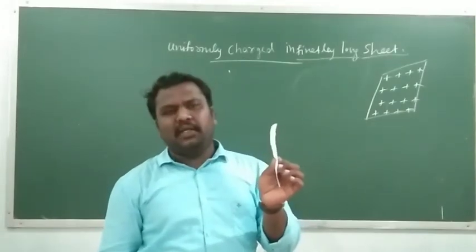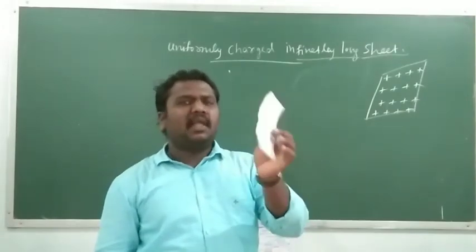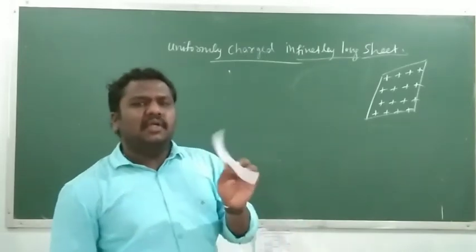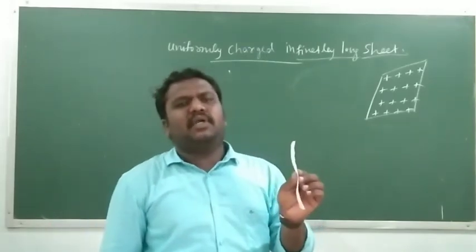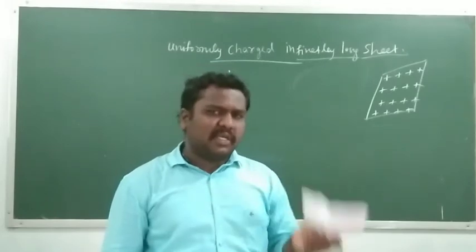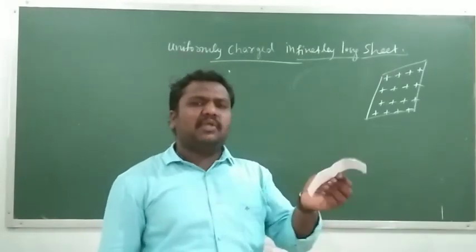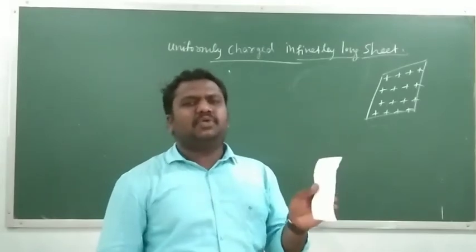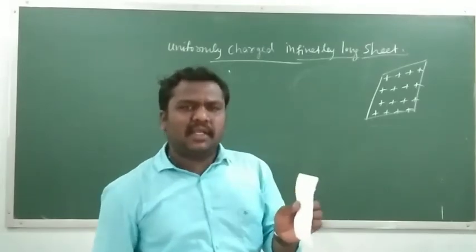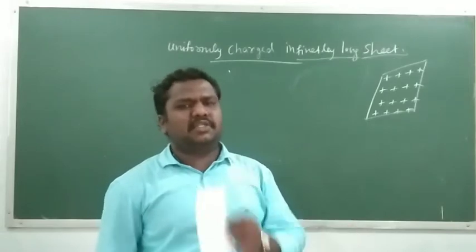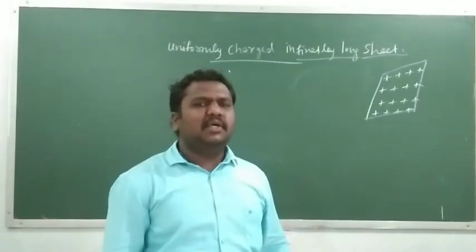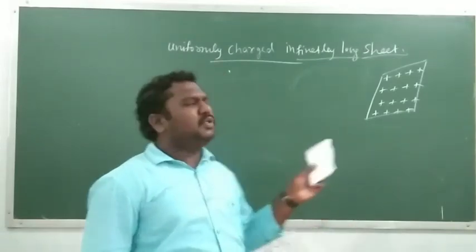Now we have to find the electric field because of the distribution of the charges over its surface. We follow the same steps. First we think of the distribution of the charge. Here we have the plane sheet, which means the charges are distributed over its area. So it is a surface charge distribution.